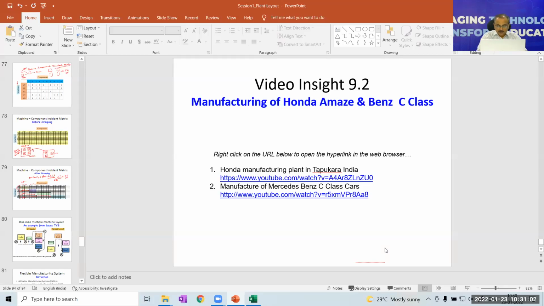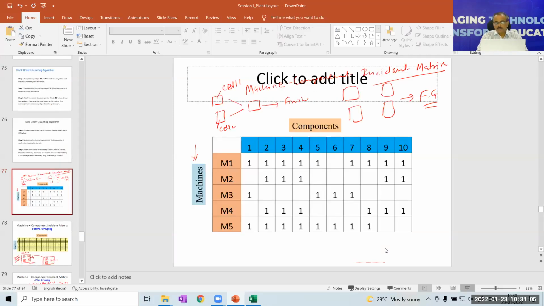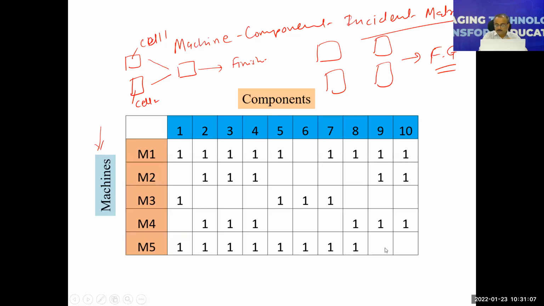Okay, so we'll look at this example of how we can use the algorithm called the rank order clustering algorithm to identify the components which can be grouped as a part family, and based on that how we can configure them as a cell.